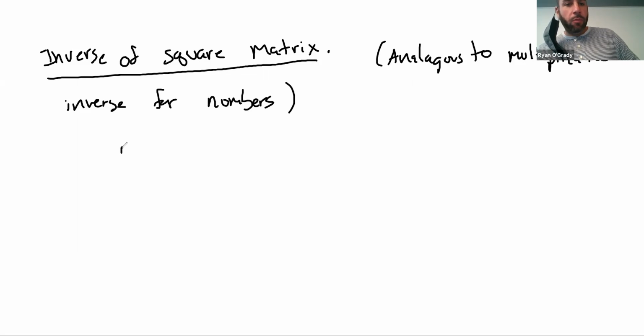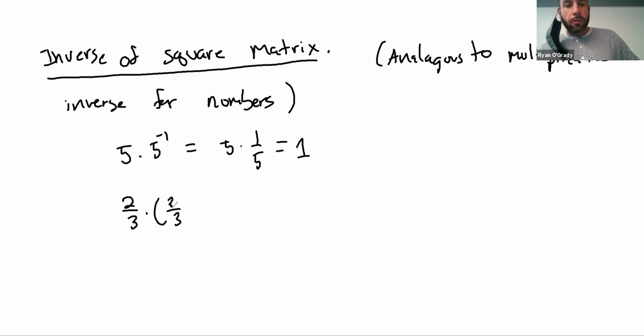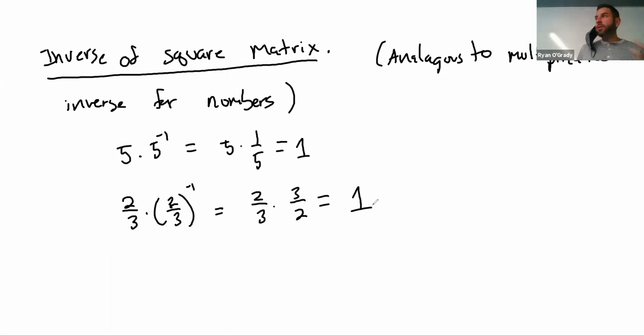For numbers, for example, what is 5 times 5 inverse? Well, that's the same as 5 times 1/5, which is 1. What is 2/3 times 2/3 inverse? Well, that's the same as 2/3 times 3/2, which is 1. So numbers have a multiplicative inverse.